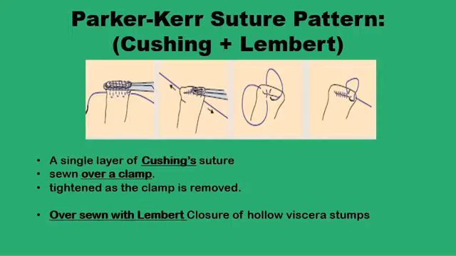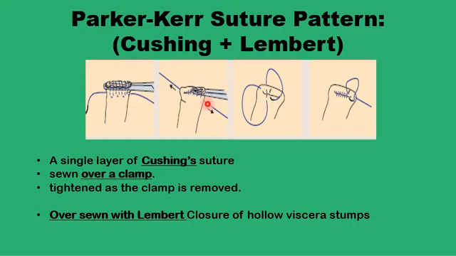A Parker-Kerr suture pattern is a combination of the Cushing and the Lambert. You start the first layer of the repair with a Cushing suture on top of a hemostat or a clamp. But you don't tighten the suture until you withdraw the whole of the hemostat, and then tighten the Cushing suture.